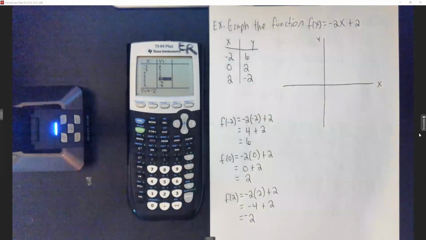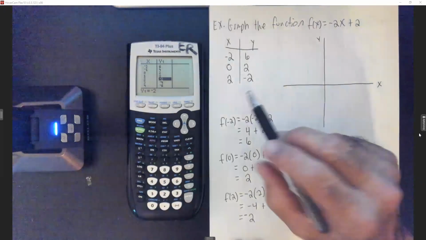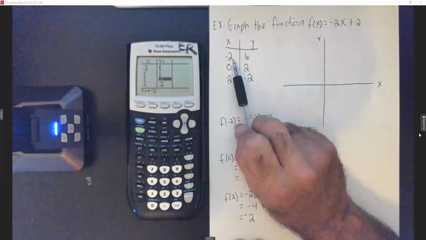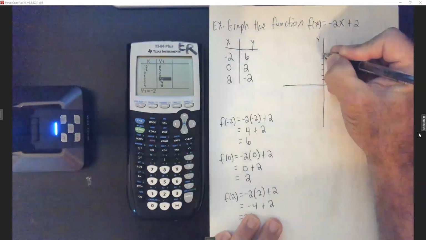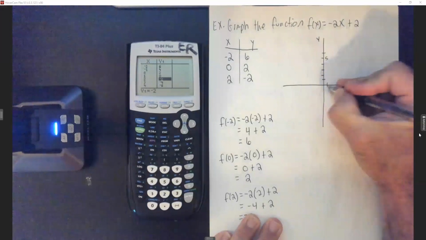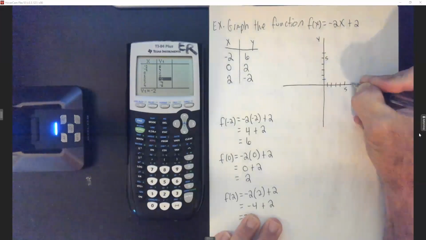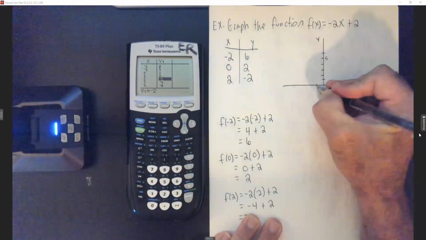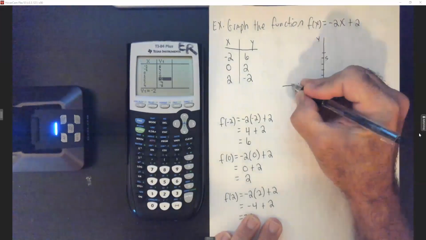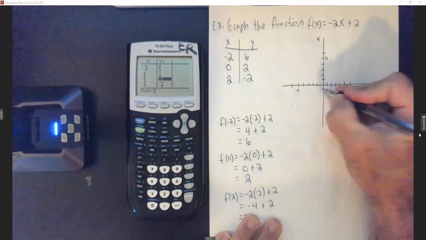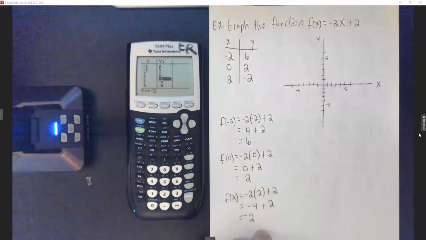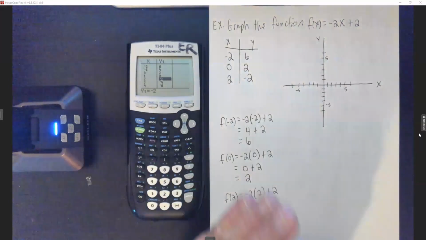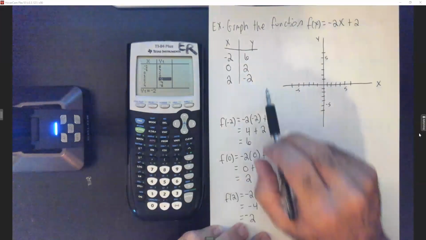Now, let's plot this. So the first point I'm going to plot is negative 2, 6. So let me make this go about, there's 5. So I'll go out 6 on this. Now remember, I'm doing this by hand, so my lines might not be perfectly straight. So the first one was negative 2, 6.